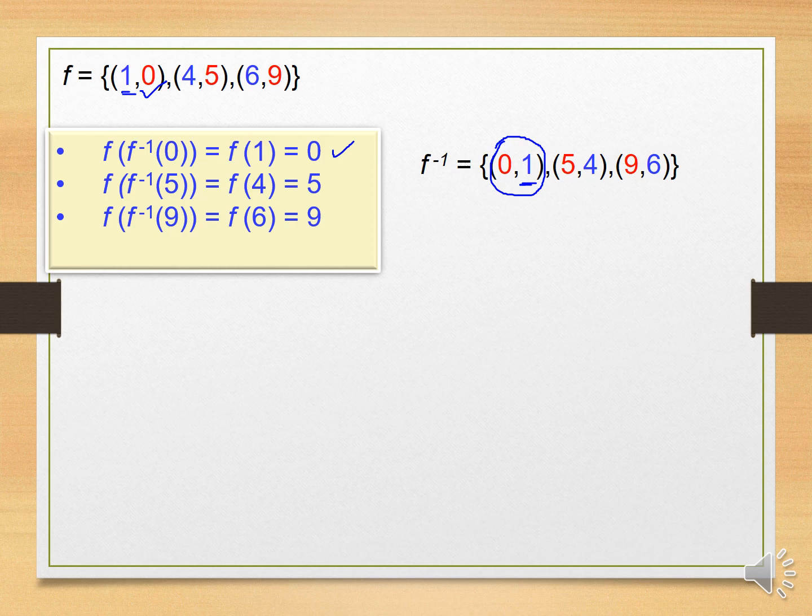For f composite f inverse of 5, f inverse of 5 is 4 and f(4) is 5. For f composite f inverse of 9, f inverse of 9 is 6 and f(6) is 9.